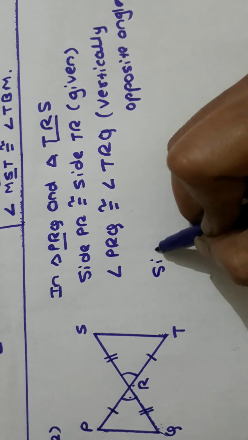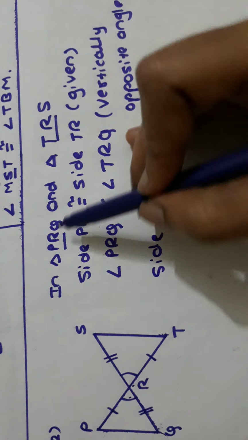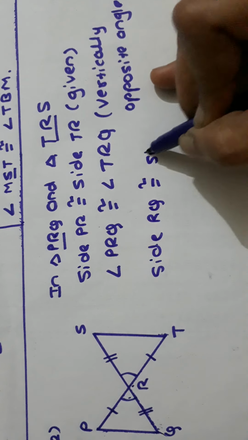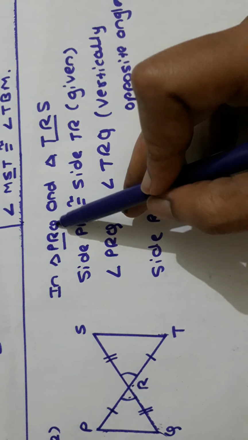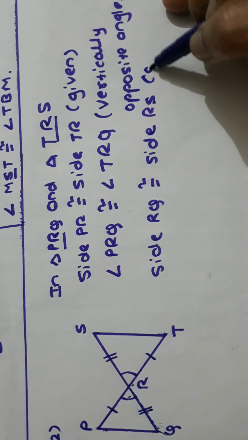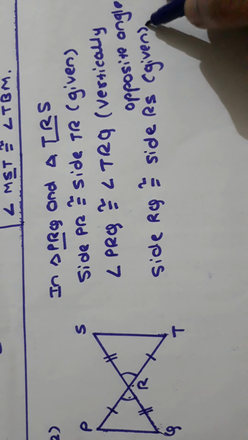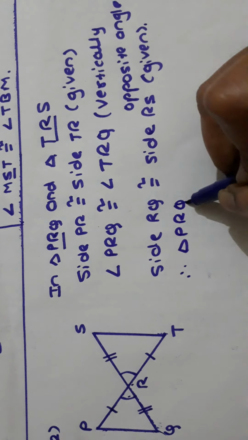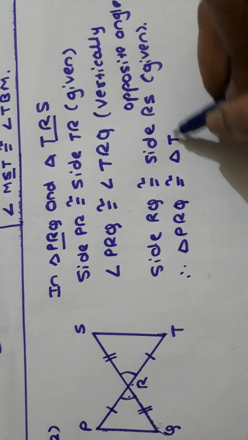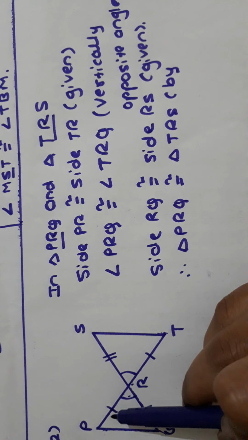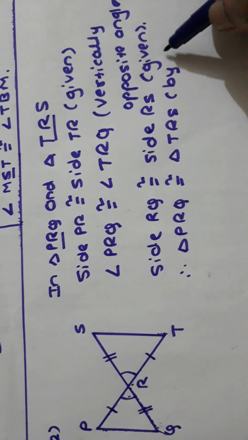And side RQ is congruent to RS. This is also given. So that means both the triangles are congruent by SAS test.